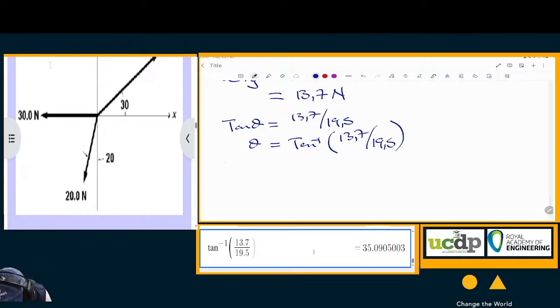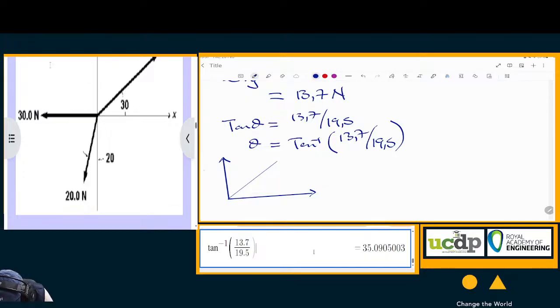So your y is positive, your x is positive, which means that our resultant should be here.